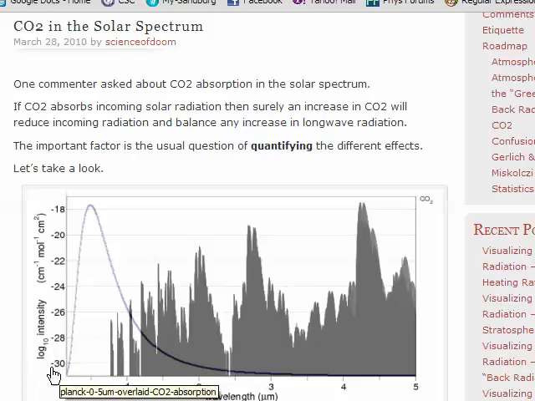Alright, let's look at these numbers over here. This is log base 10 of the intensity. So I believe that means that right here we're talking about something on the order of 10 to the negative 26.